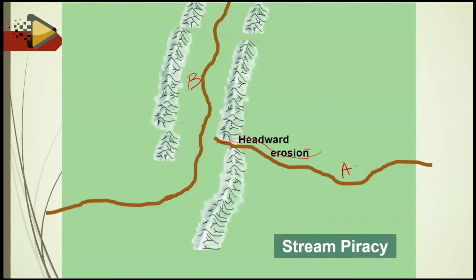Once that takes place, the two rivers join. River A is on a steeper gradient at a lower lying area, while river B is on a gentle gradient but on a higher lying area.